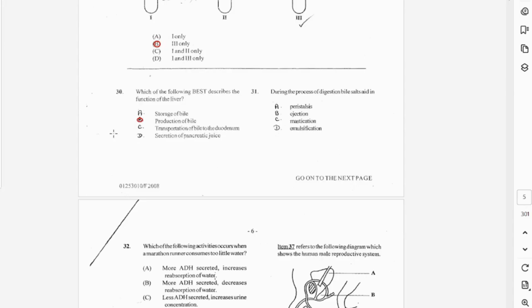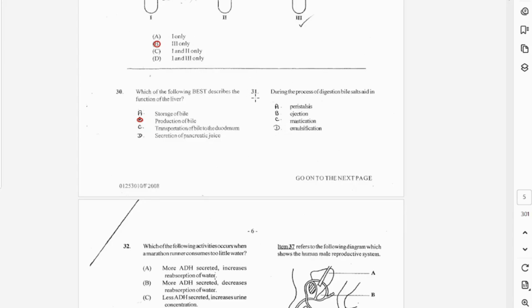The production of bile, why would I say D, my bad. So it does not store bile. Bile is stored in the gallbladder. It doesn't transport bile to the duodenum, that is the bile duct, and it definitely does not secrete pancreatic juices. Pancreatic juices, that is the pancreas, right?